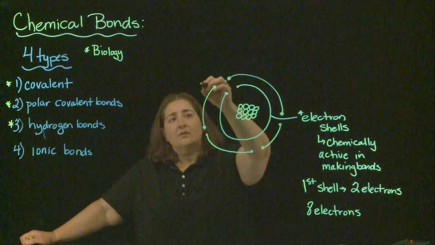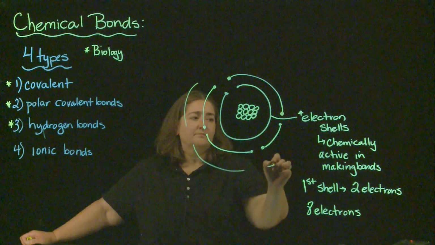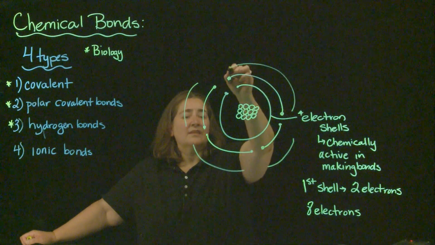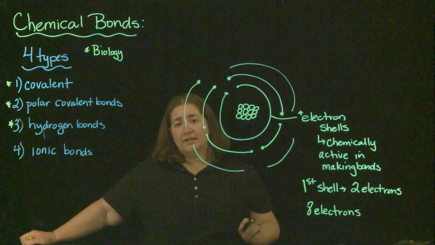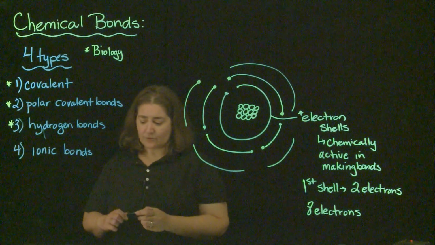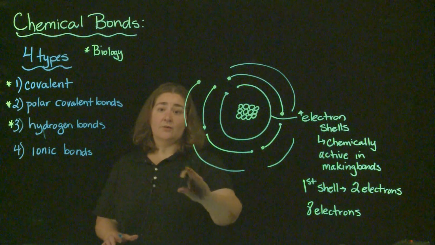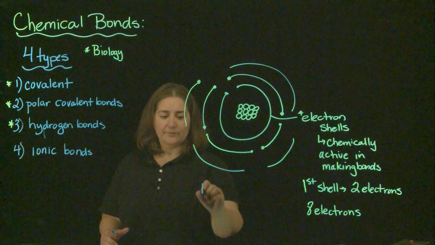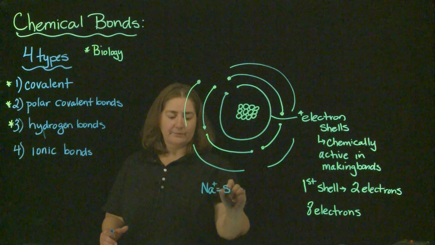We could have a 3rd shell then, and maybe in our 3rd shell we only have 1 electron in that 3rd shell. That's going to be the case for sodium.